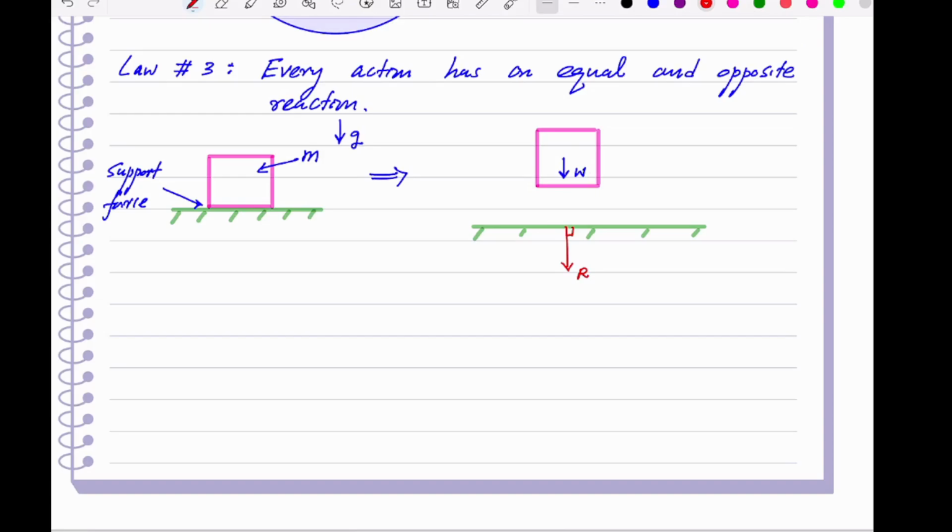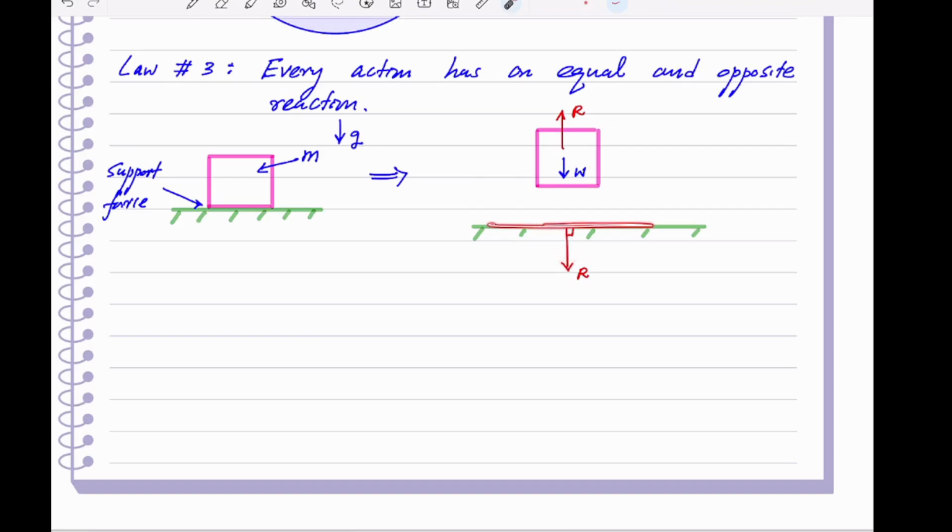Now what the ground is doing, the ground is giving an equal and opposite force on the object, this way. Because of the touch here, this force is sensed by this floor or the ground, and that would be R here.